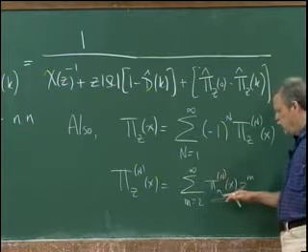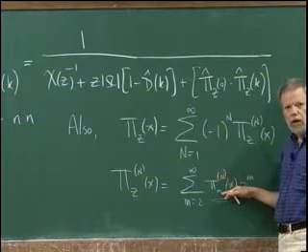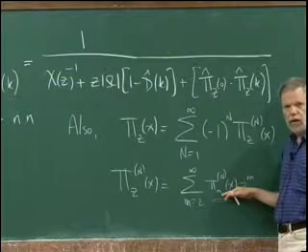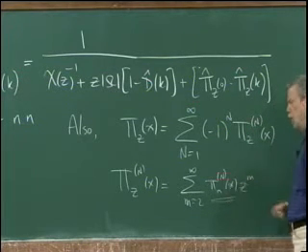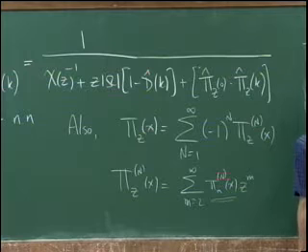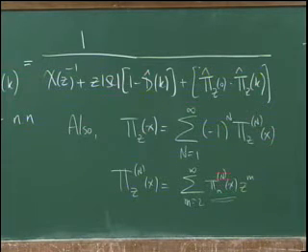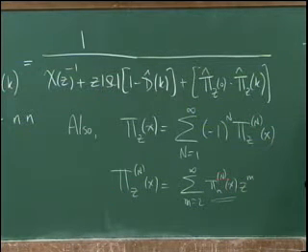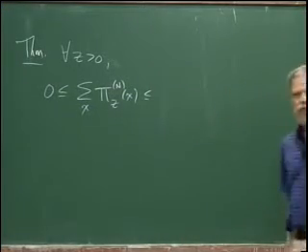In fact, we don't need to know what this is anymore. All we need to know about it for today is the estimates that I mentioned at the end of yesterday. So that was a theorem. I'm still recalling what happened yesterday. This was a theorem that said that for any z greater than 0, we have the following two bounds. One is a bound on the L1 norm of pi n z. First of all, it's non-negative by definition.